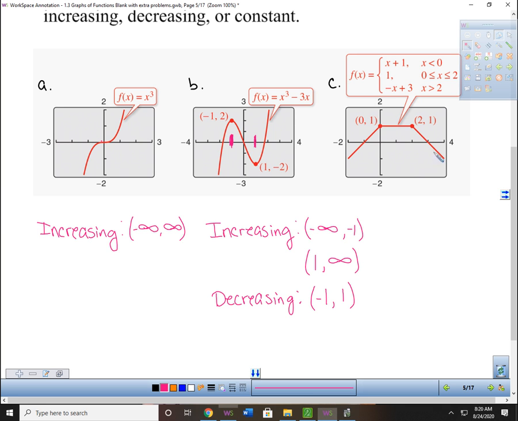Okay? Now, let's look at this one. We're increasing until we get to an x value of 0. And then it stays constant, correct? Until you get to this x value of 2, and then it decreases the rest of the way. So if you want to just put an I for increase, that's fine. So for increasing, that would be negative infinity all the way till we get to 0.